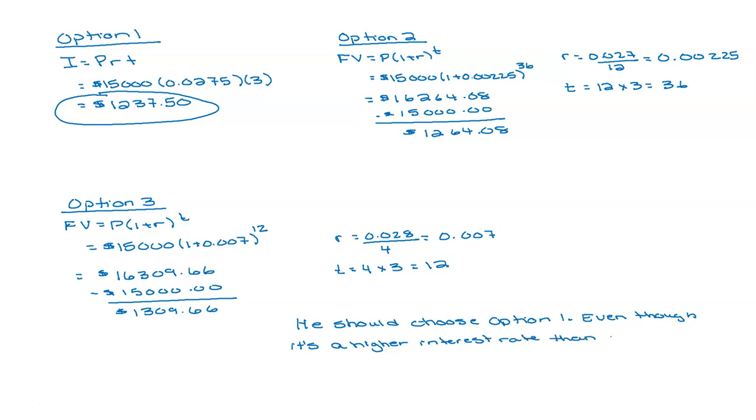Then option 2, the rate is not being compounded, which makes a difference. So he should choose simple interest.